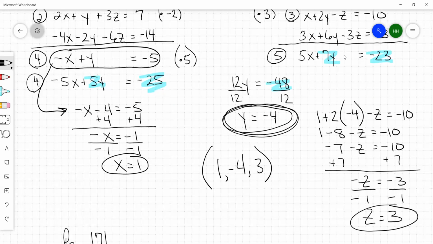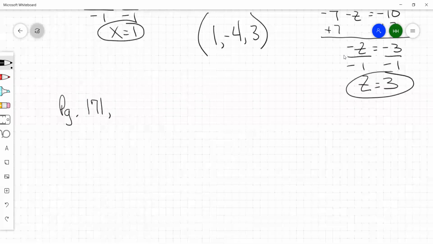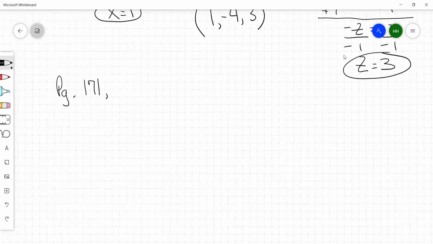If this one's wrong, don't substitute it. And you've got all the answers on your paper down there. So let's do 171, 3, 4, and then if you can get to it, 9, 10, and 13.